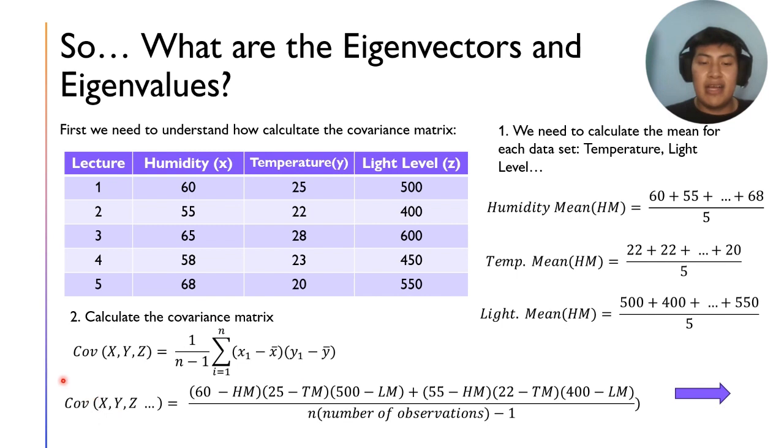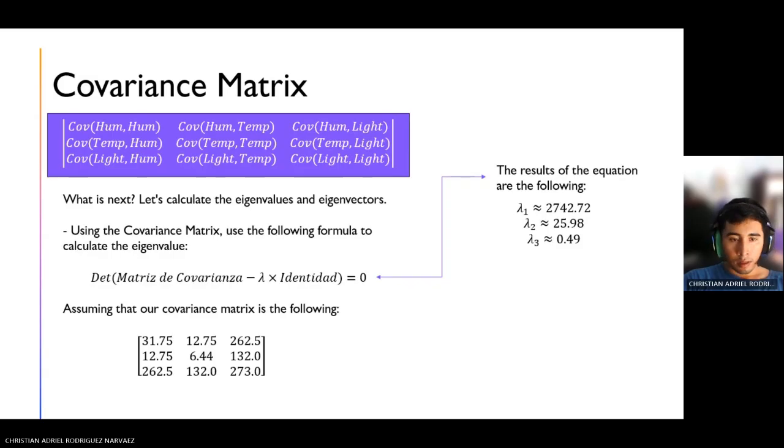Here's an example of how to apply this equation. We need to do it depending on the number of observations in our database. And that's what eigenvectors and eigenvalues are, and the first step on how to calculate the covariance matrix.